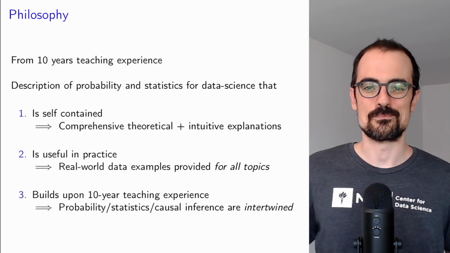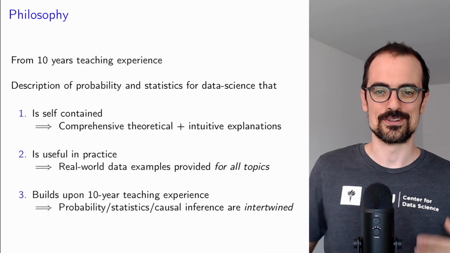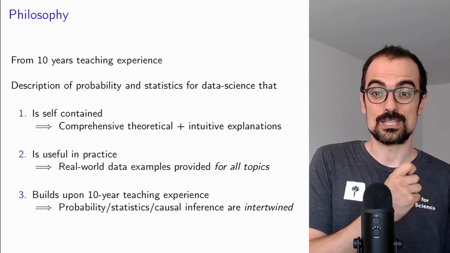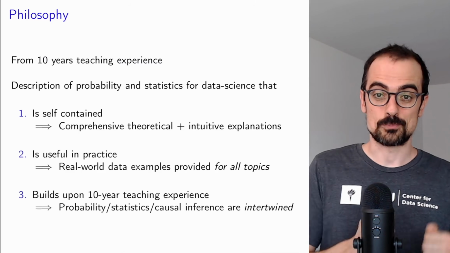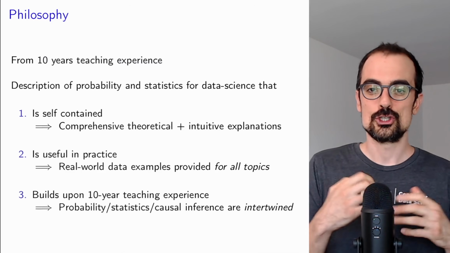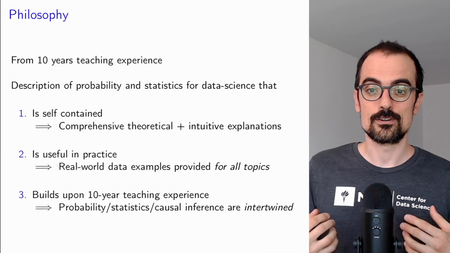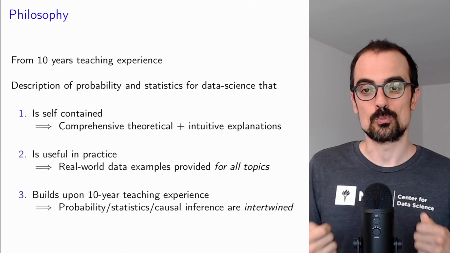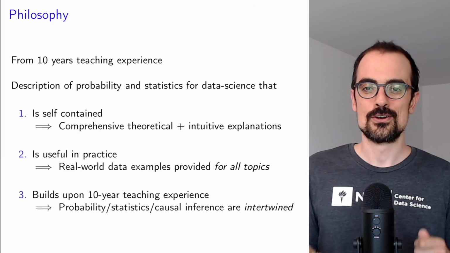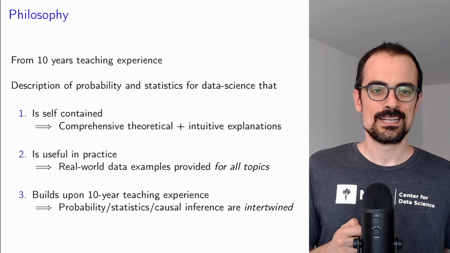Actually, this is a previous version of the slide, I'm sorry for that typo. It should say that it should have a logical flow, and that probability and statistics should be taught in an intertwined way, also together with causal inference, and then that enables you to provide real-world data examples from the beginning. And that's it.